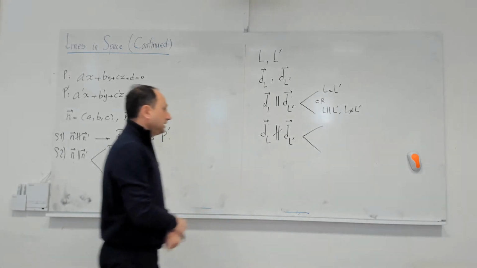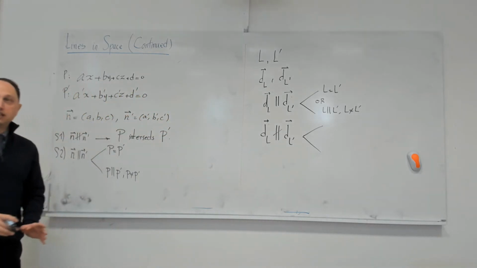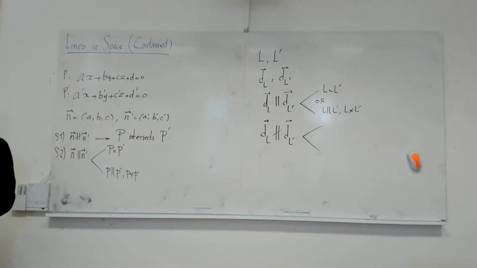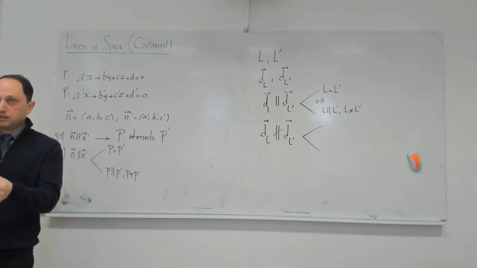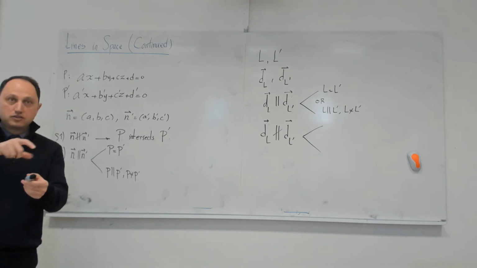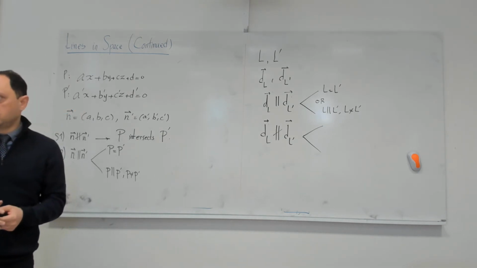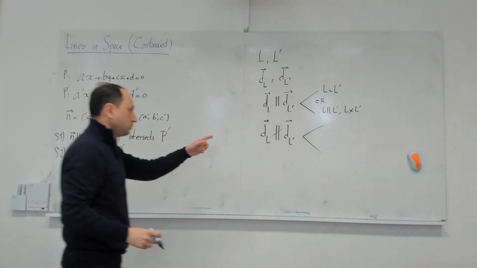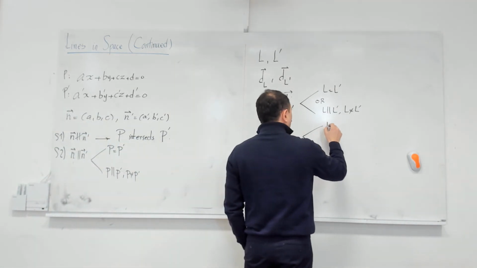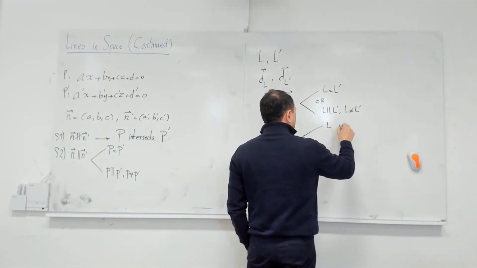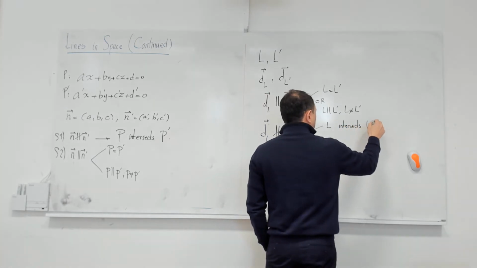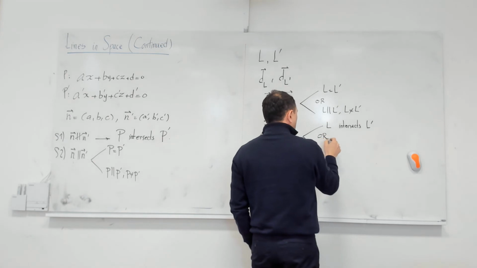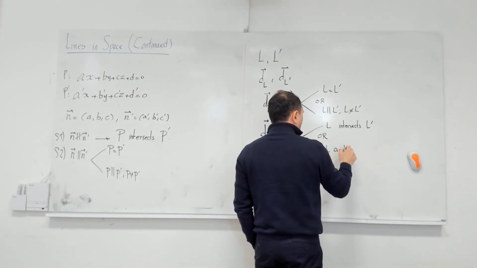I also want you to know that if dL is not parallel to dL prime, you cannot immediately conclude that they are intersecting. No, because in the case of skew lines, the direction vectors are not parallel, but the lines are not intersecting. So it means that either L intersects L prime, or L and L prime are skew.